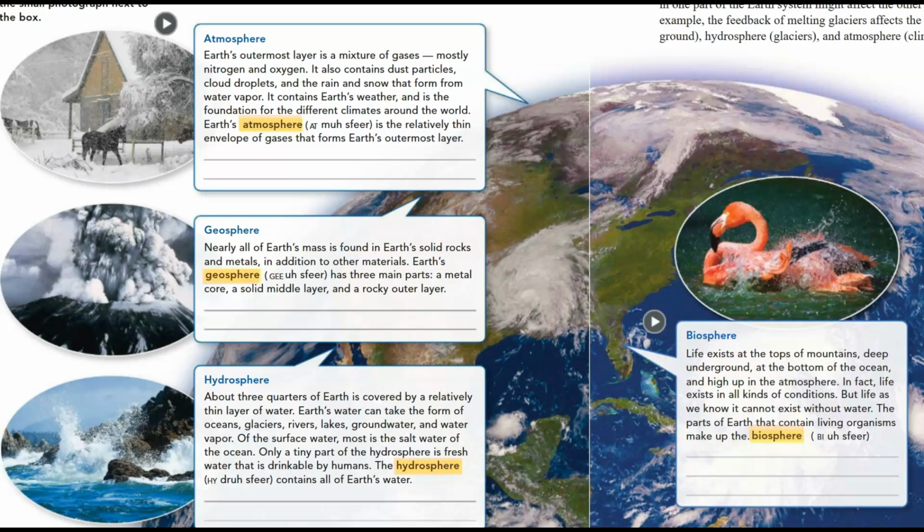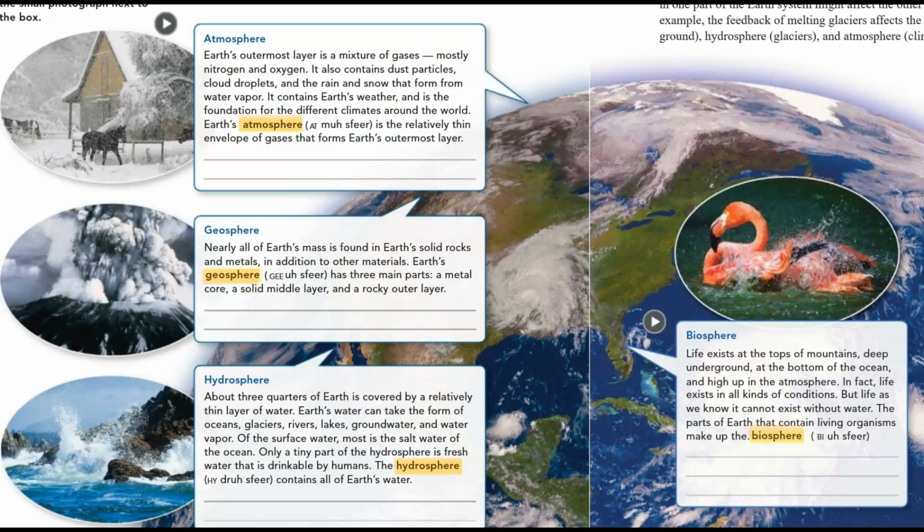Only a tiny part of the hydrosphere is fresh water that is drinkable by humans. The hydrosphere contains all of Earth's water. So we can see in the picture, our water is brushing up against what looks like some rocks. So therefore, the waves in the hydrosphere are hitting the rock part of the geosphere.